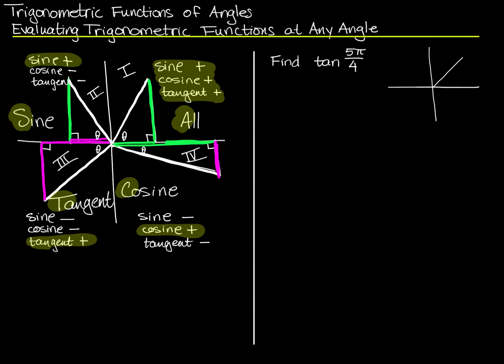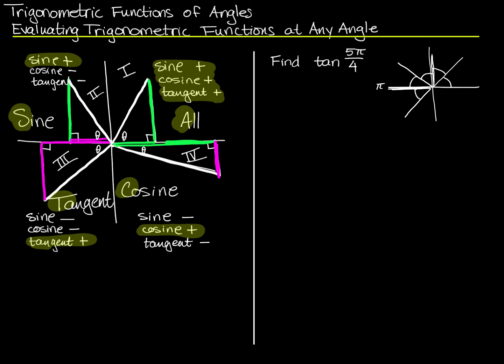Another way to think of it is, if you remember that this is pi, then pi over 4 is 1/4 of pi. There's pi over 4, 2 pi over 4, or pi over 2, 3 pi over 4, 4 pi over 4, or pi, and then 5 pi over 4. So I have 1, 2, 3, 4, 5 pi over 4s. That's how I think of these.